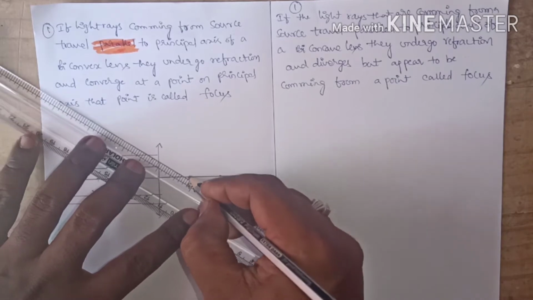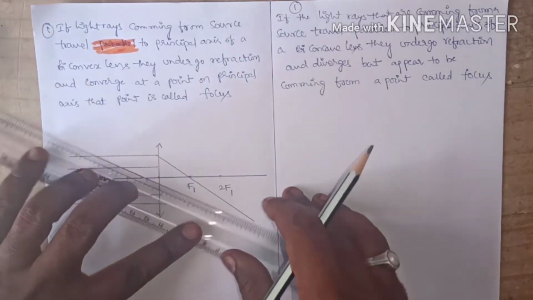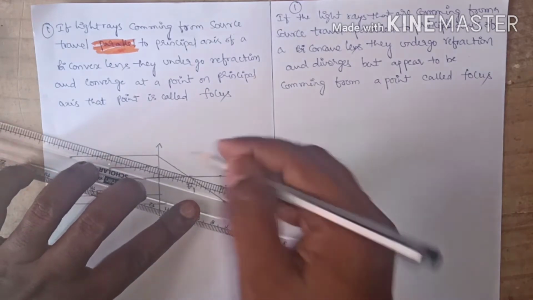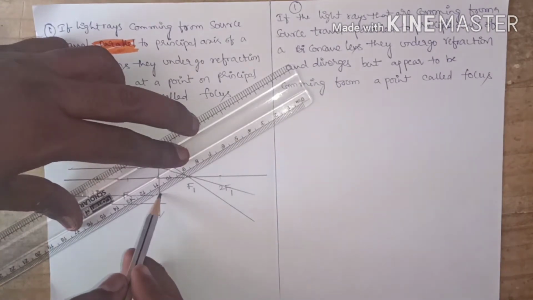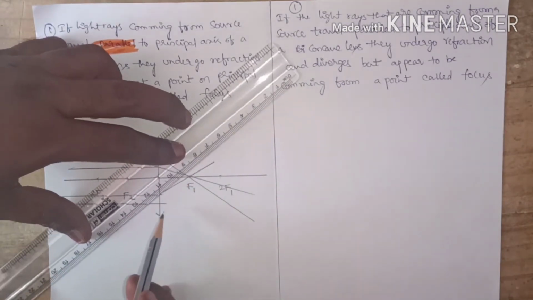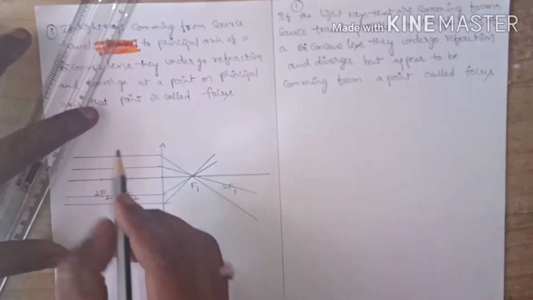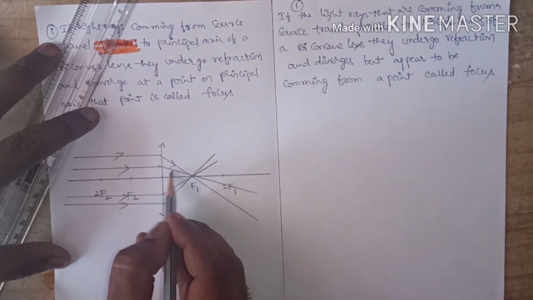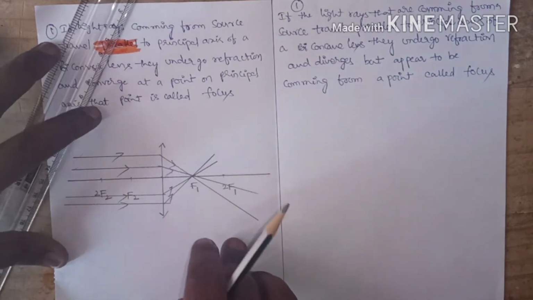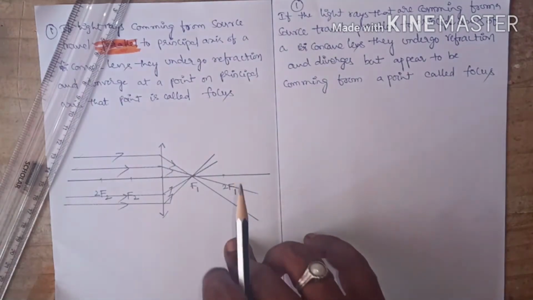That bending is towards a point located on the principal axis. That point is called focus. That means a biconvex lens converges the light rays. For that reason, a biconvex lens is also called a converging lens.